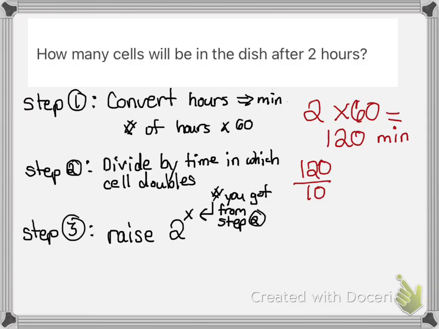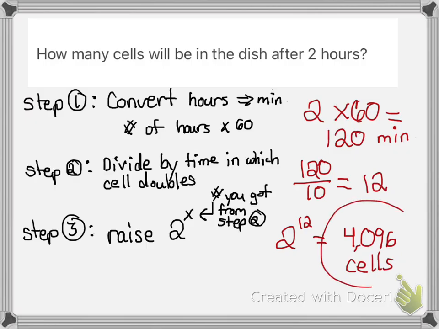So when I do that, 120 divided by 10 equals 12. So now that's the number I will raise to the power of 2. So then 2 to the power of 12 is what I will type in my calculator. And when I do 2 to the power of 12, I will get 4,096 cells. And that's it.